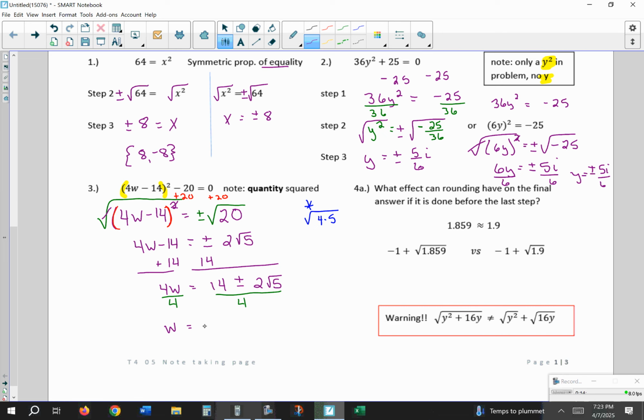And again, going back to prior knowledge, we do need to simplify this. And when we look at this, we can see that 14, 2, and 4 all have 2 in common. So I can do it one of two ways. I can factor it out. And then I can simplify.